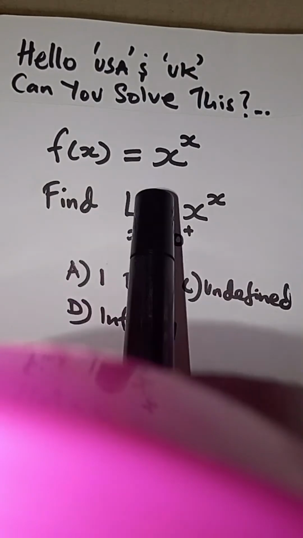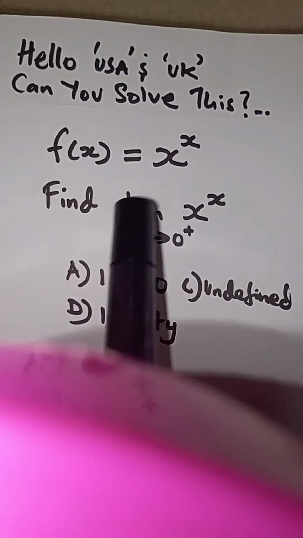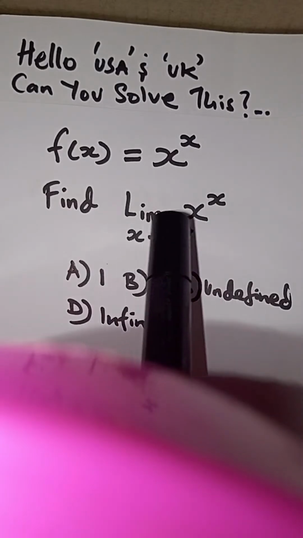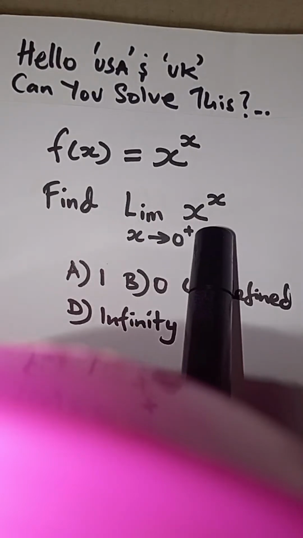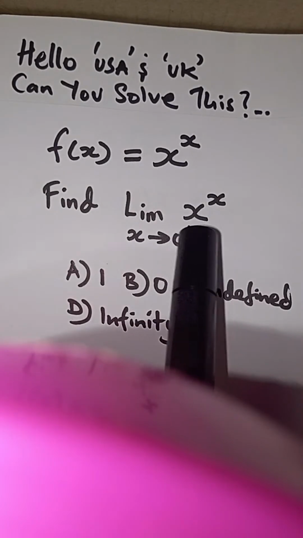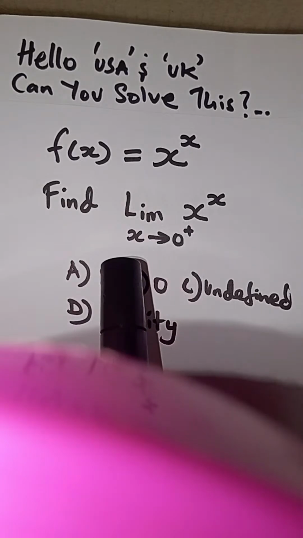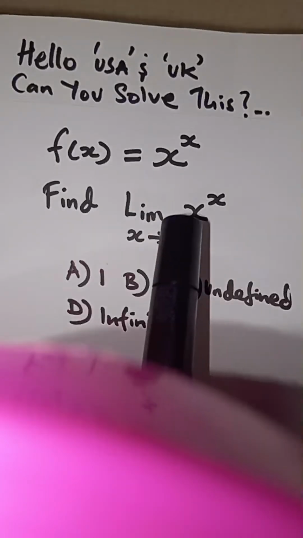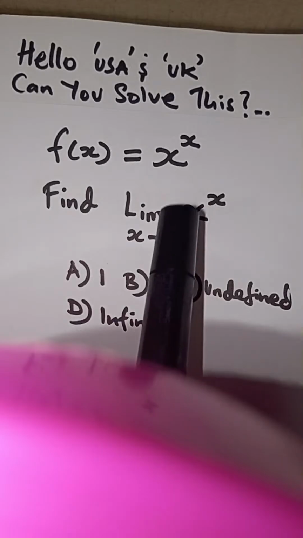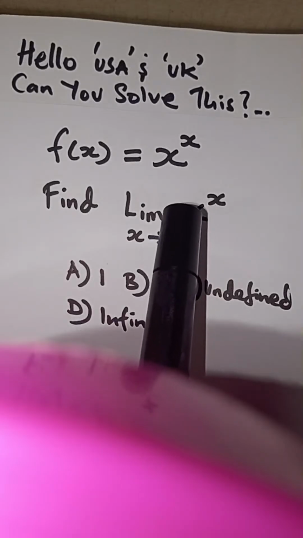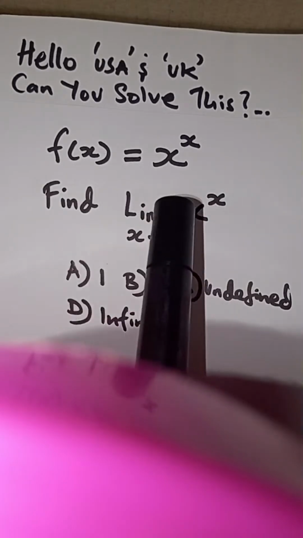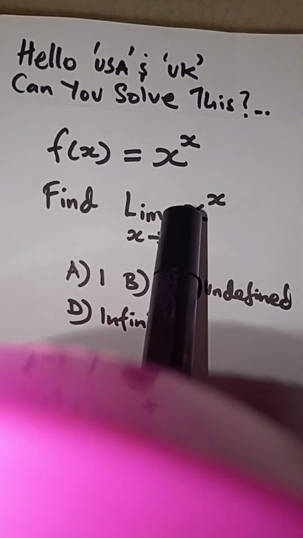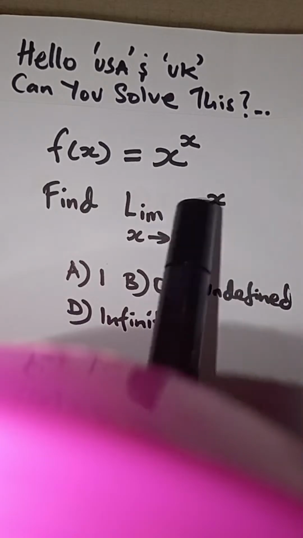So the limit of x to the power x, as x goes towards 0 on the positive side, when you substitute 0 here and 0 here, this changes to 0 raised to power 0.